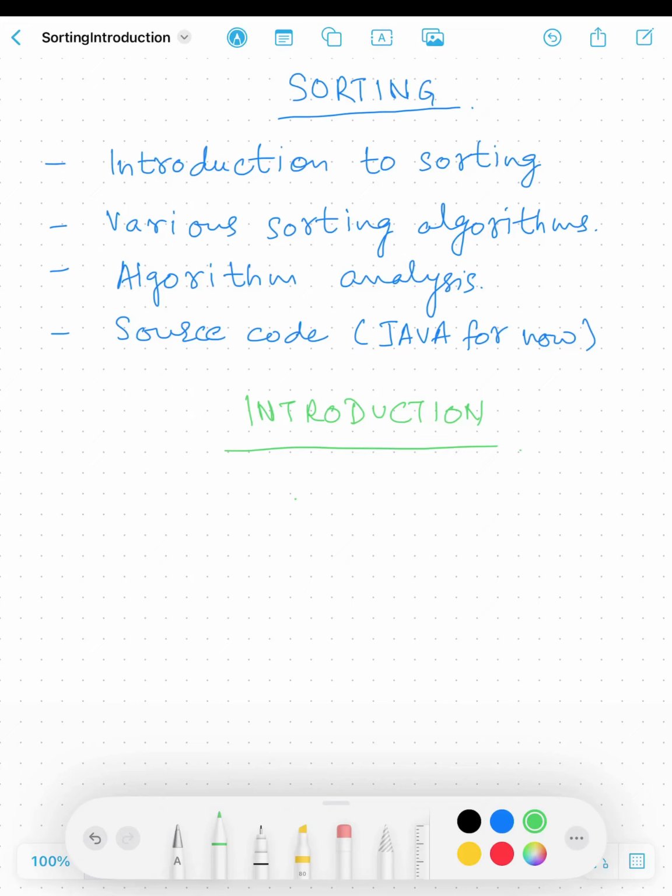Now, the rule could be, if we talk about integers, that the integers will grow from lower values to higher values. But the sorting of data is not necessarily only on integers. It could be anything based on a certain rule.